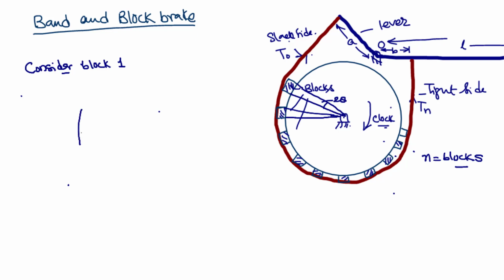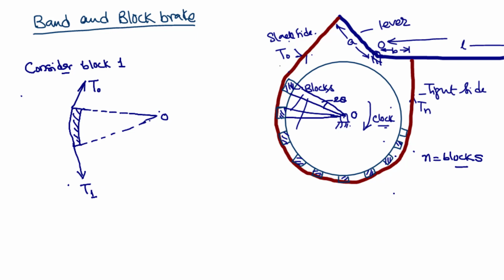This is block 1, this is O. On this side the tension is T0, and on the other side the tension is T1.